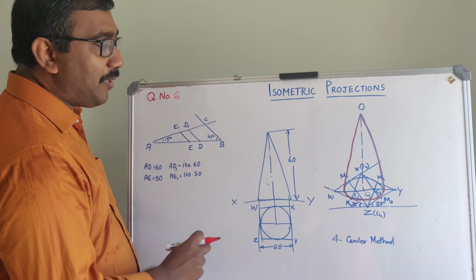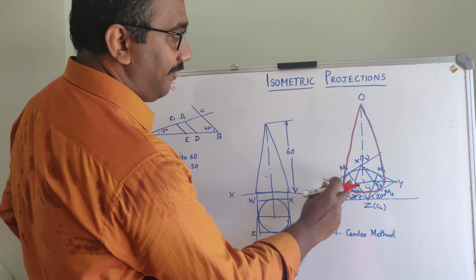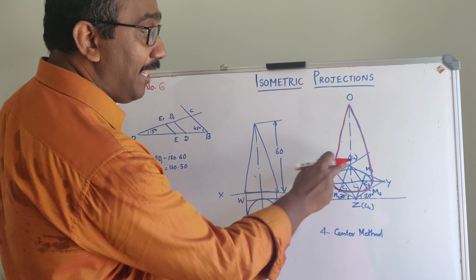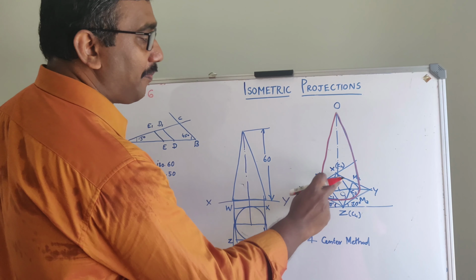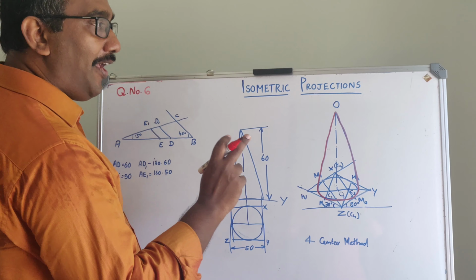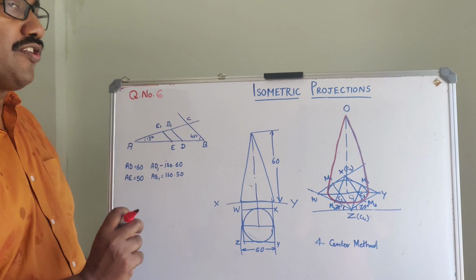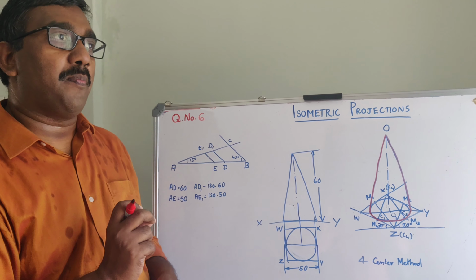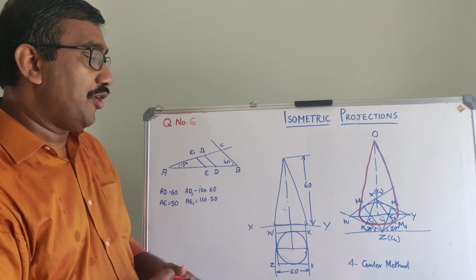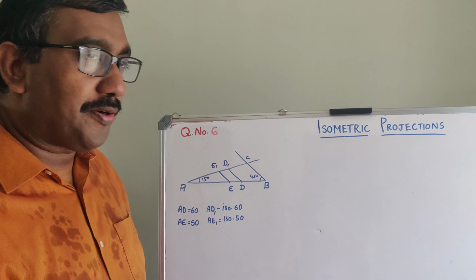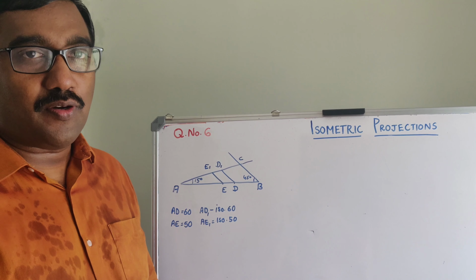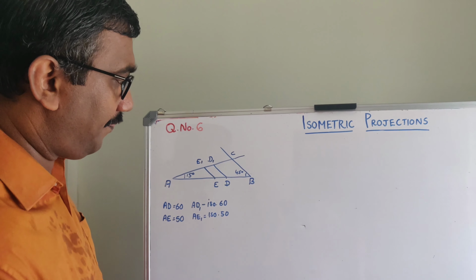For drawing the isometric projection of the circle, we should get an ellipse. For getting that ellipse, we have gone for the 4 center method. So wherever you require the isometric projection of a circle, you have to go for a 4 center method. Next, we are going to draw the isometric projection of a cylinder.